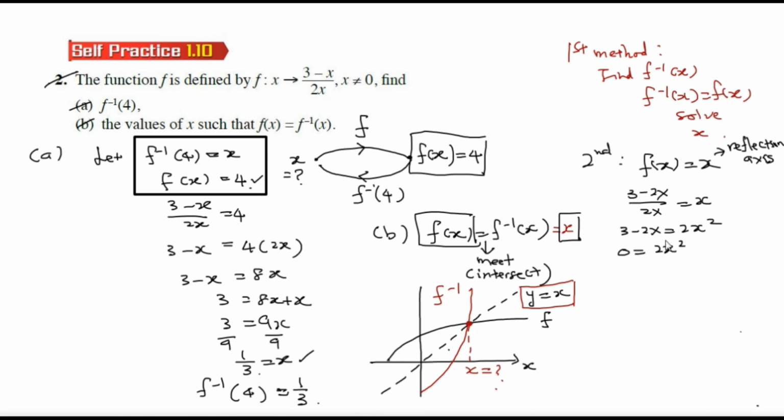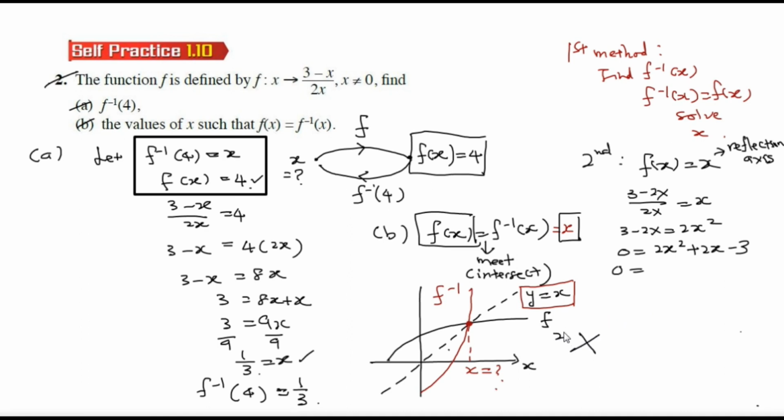So 2x squared, we move the other side over, plus 2x minus 3. And then we factorize. How to factorize this? You can do it manually, or by using a calculator.